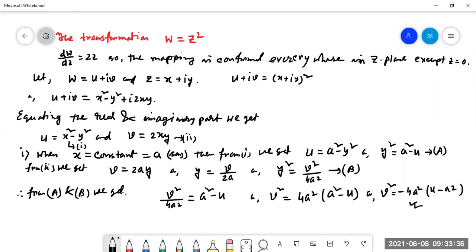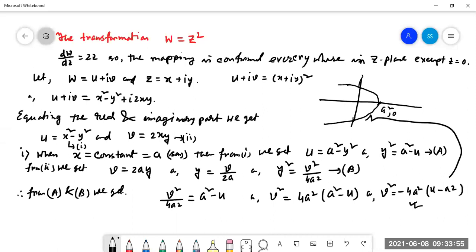Actually this parabola will look like this, with vertex at the point (a square, 0). This is the picture of the parabola.